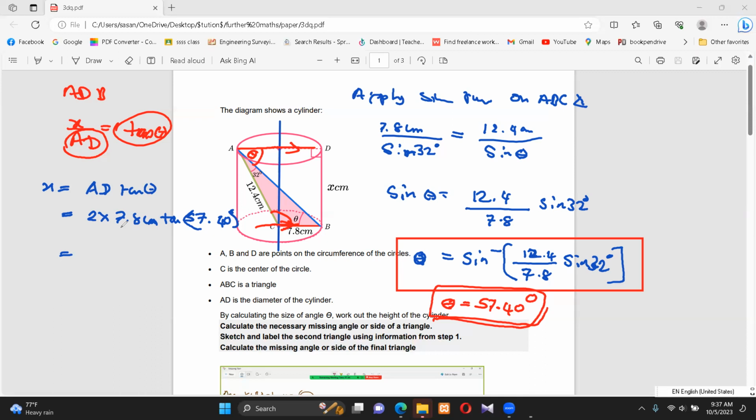The height of the cylinder equals this one, right?